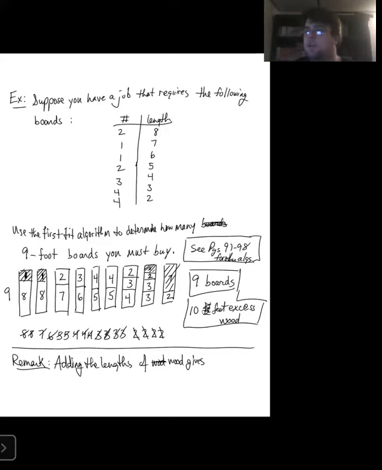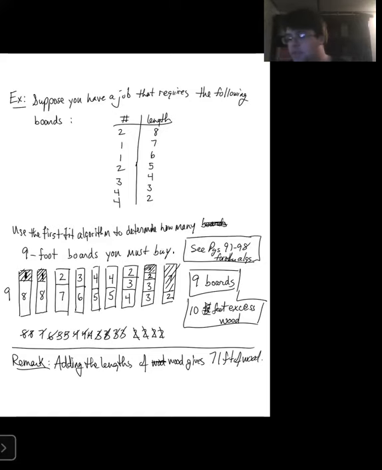Well, if we go back to the top, we need a total of 16 plus 7 makes 23, plus 6 makes 29, plus 10 makes 39, plus 12 makes 51, plus 12, 63, plus 8 gives us 71 total feet of wood. We would need 71 feet of wood.